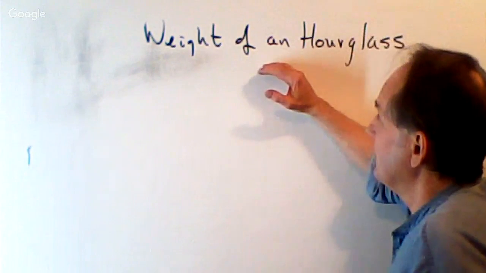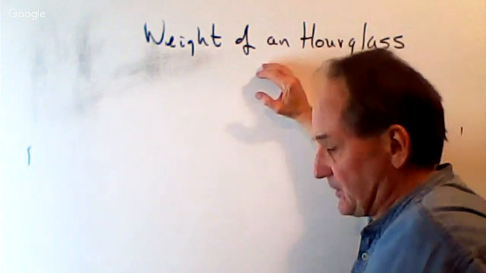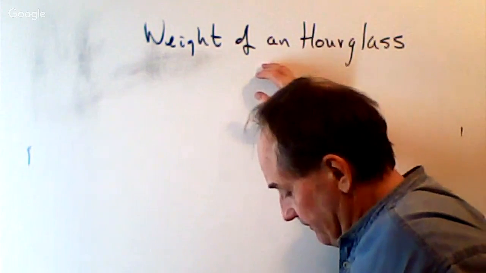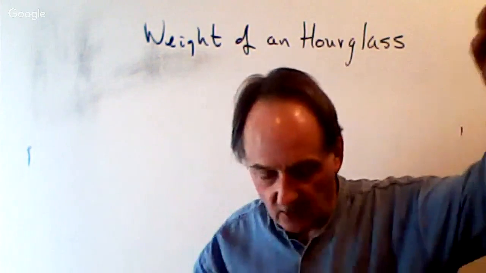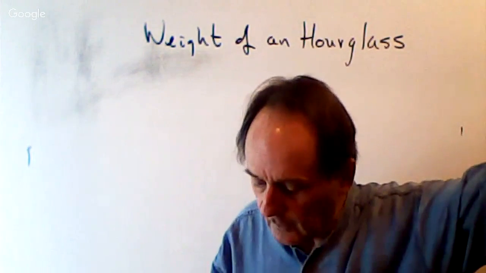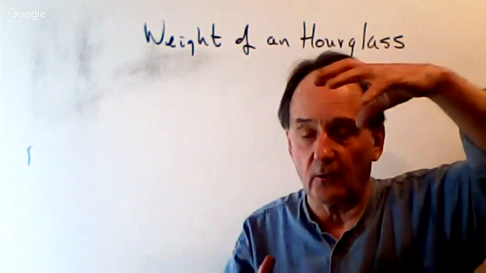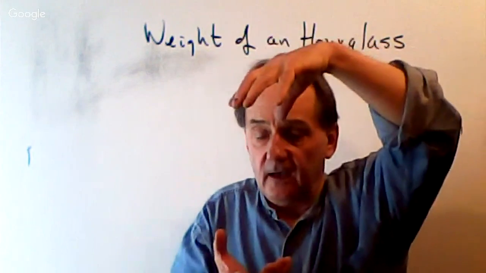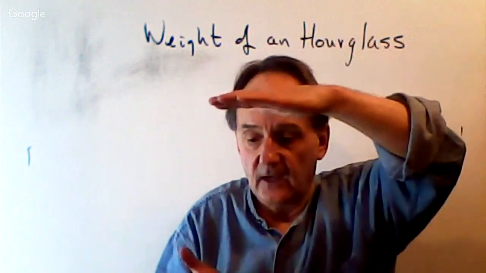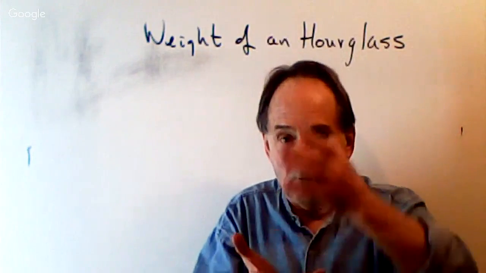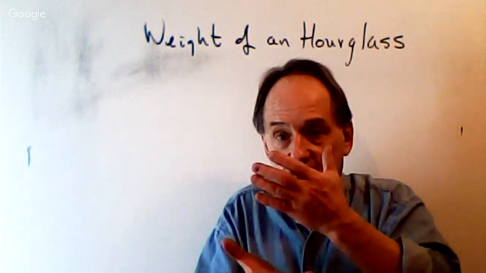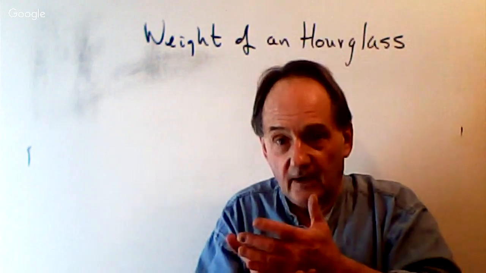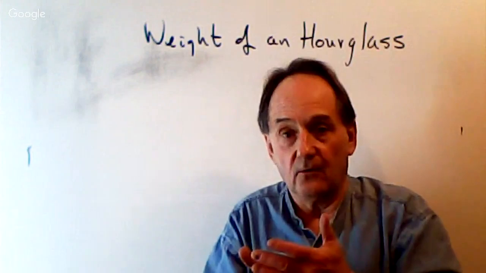What this involves is the weight of an hourglass. There was a problem posed in a Hangout a few weeks ago where the question was asked, if you have an hourglass and you put it on a scale and weigh it, and then you flip it over to let the sand pour down from the top bulb to the bottom bulb, what is the weight of the hourglass as the sand is pouring down?